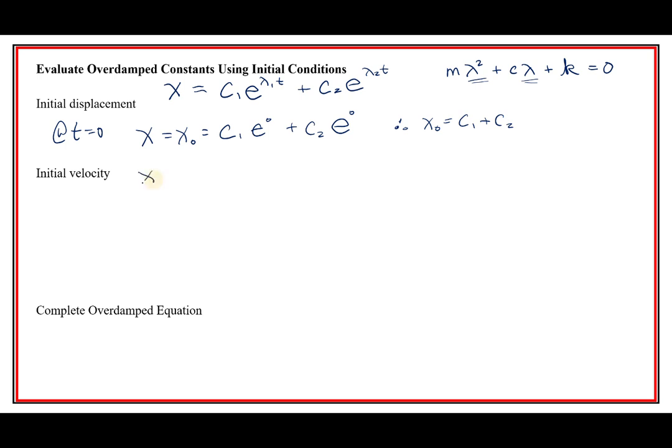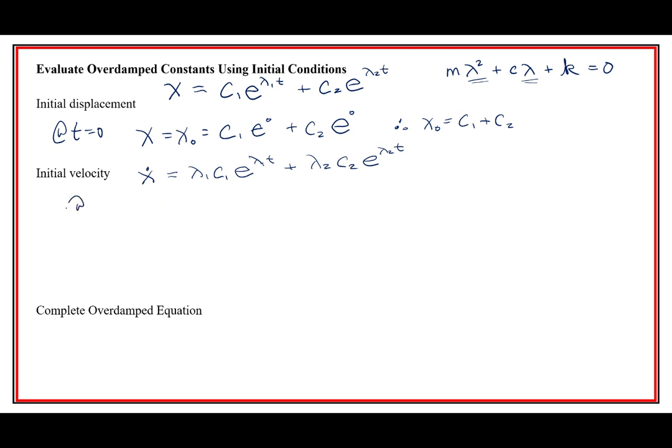Now, if you take the velocity of these things, what you end up getting is lambda 1 C1 e to the lambda 1 t plus lambda 2 C2 e to the lambda 2 t.